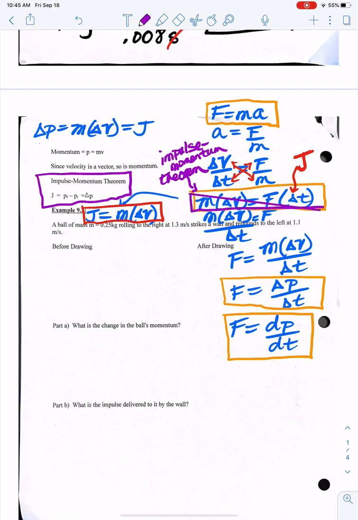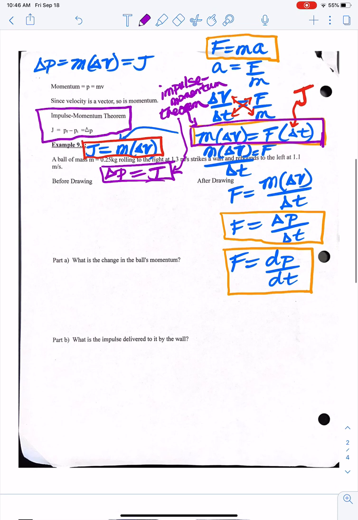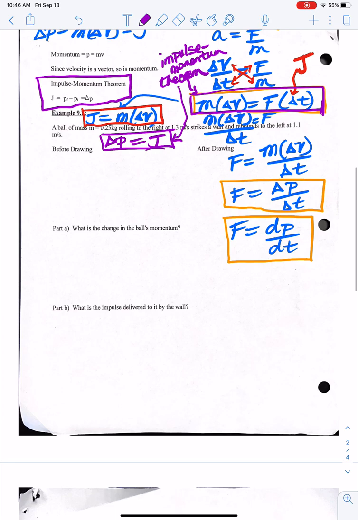But it's also correctly stated as delta p equal to J, the impulse-momentum theorem as well.